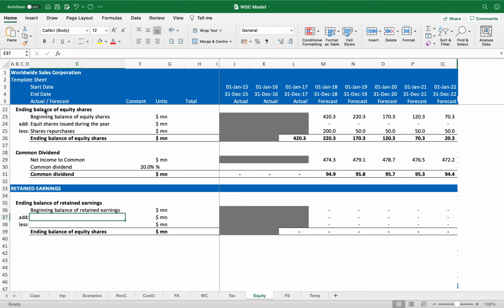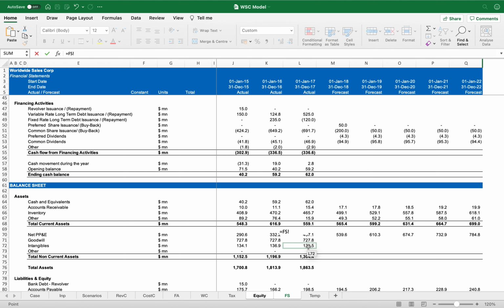Whatever is the net income in the income statement goes on to become part of retained earnings, right? So my retained earnings will increase by the amount of net income. So whatever is the net income, I will add it and subtract my common dividend, right?